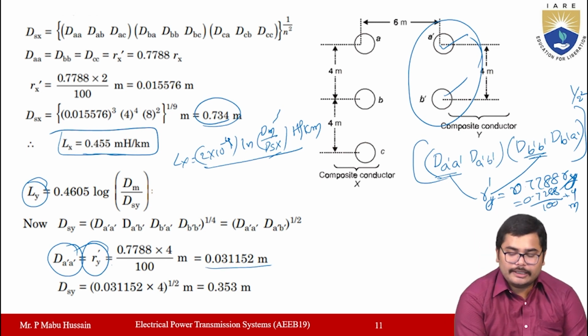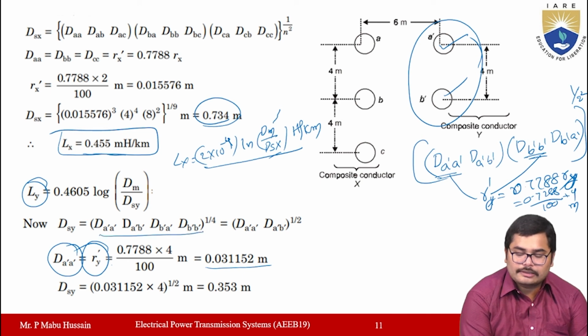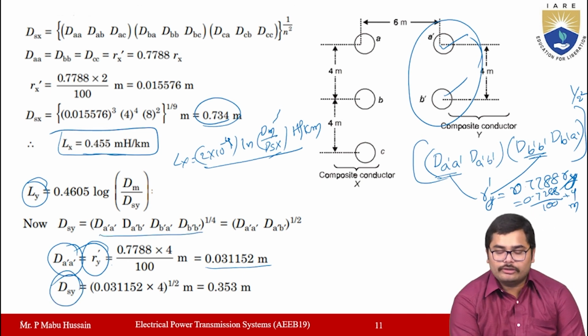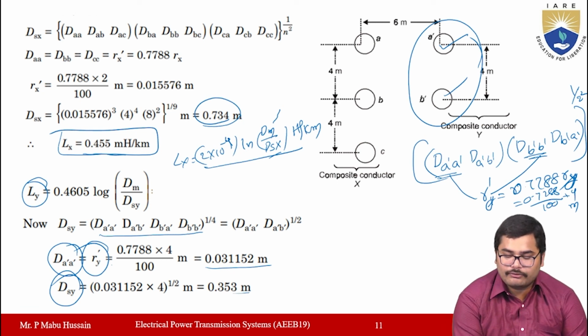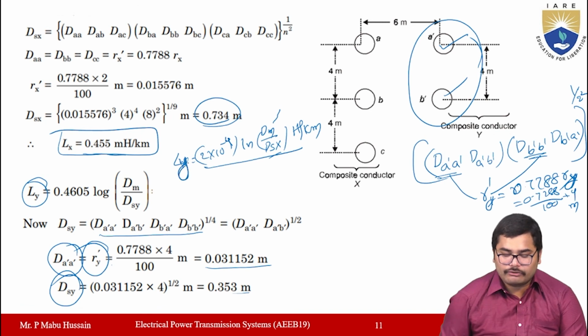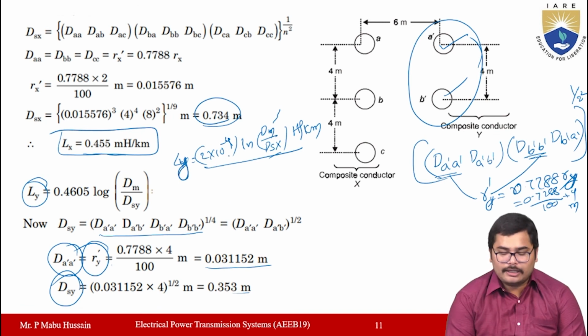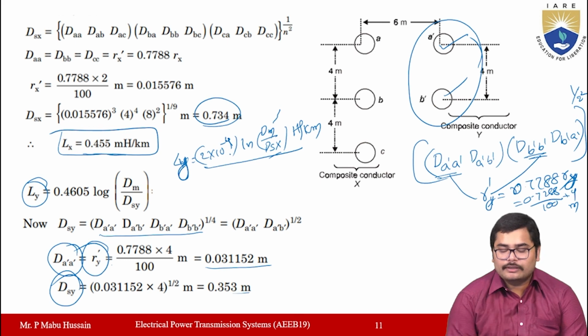Then the inductance of side Y, which is Ly, will be equal to the same equation, 2 into 10 power minus 4 ln Dm by Dsy. The Dm value will be the same, 7.162 meters, and Dsy is 0.353.